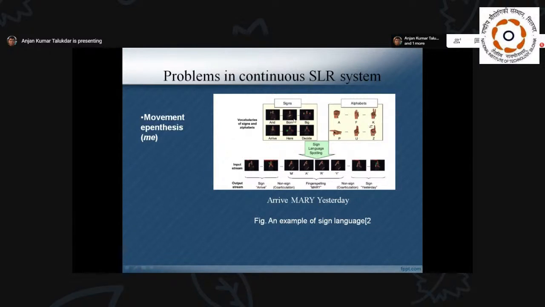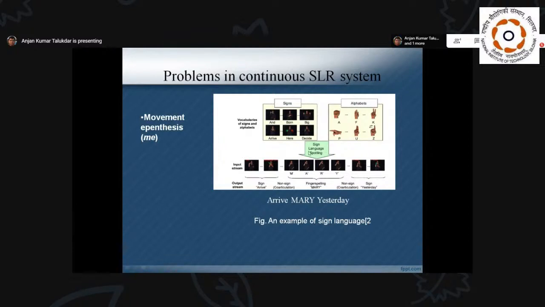These finger spellings are used basically to articulate, for example, the name of a place or person, for which no particular vocabulary exists. Signs are the part of the language for which vocabularies exist, and dictionaries are already there. For example, arrive and big. So these are signs with some vocabulary.